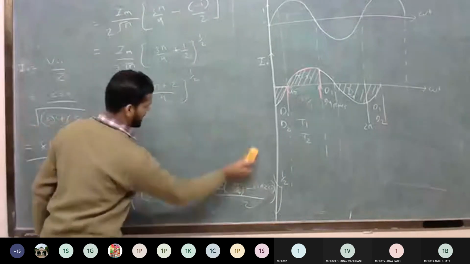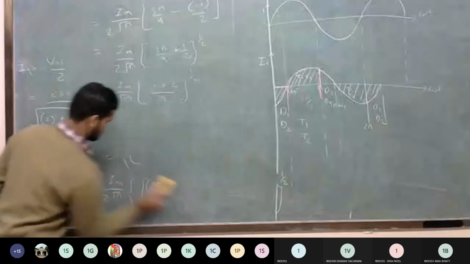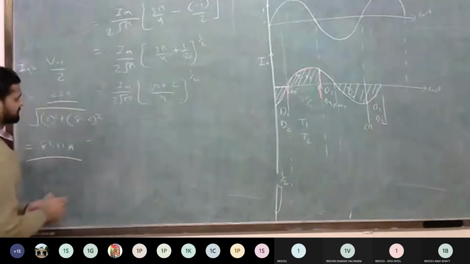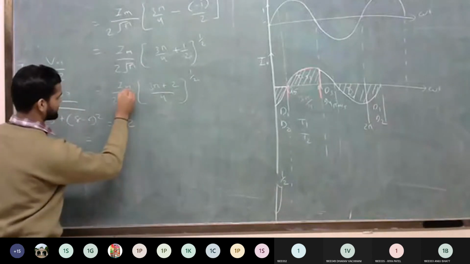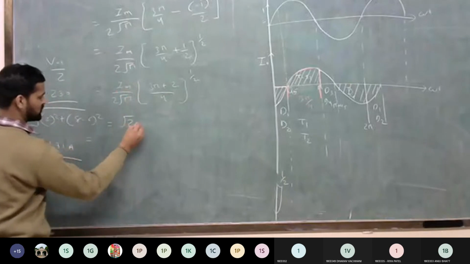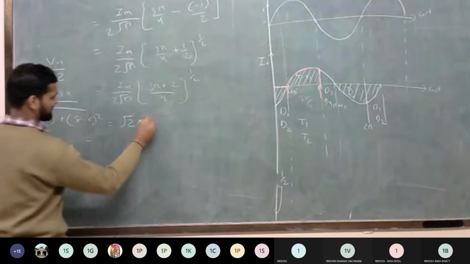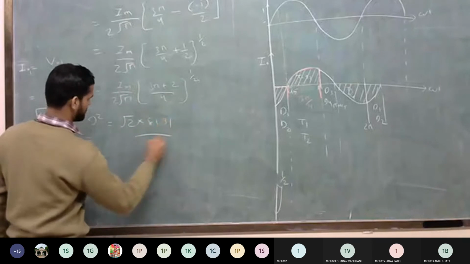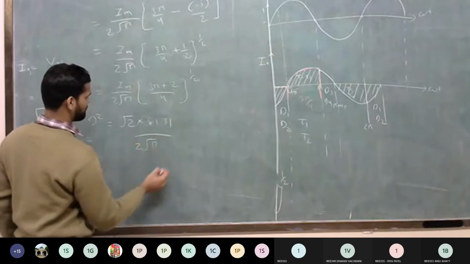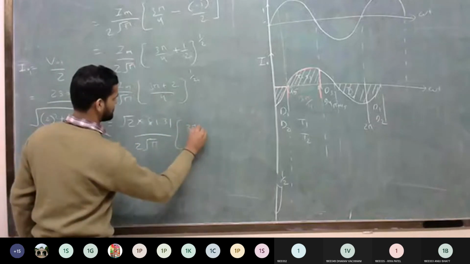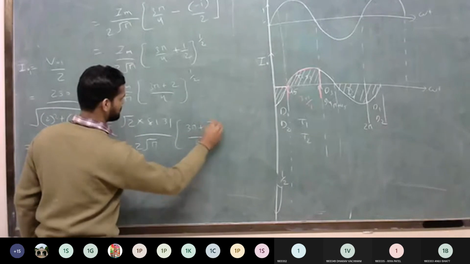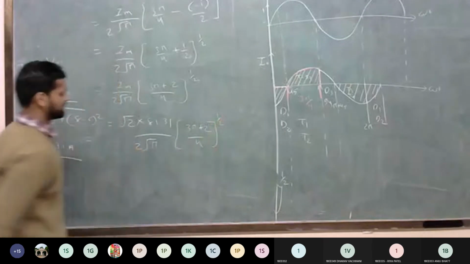So it is root 2 times the RMS value, which gives the peak value. So I have replaced this Im with root 2 times this RMS value 81.31, divided by 2 square root of pi, 3 pi plus 2 divided by 4, square root.